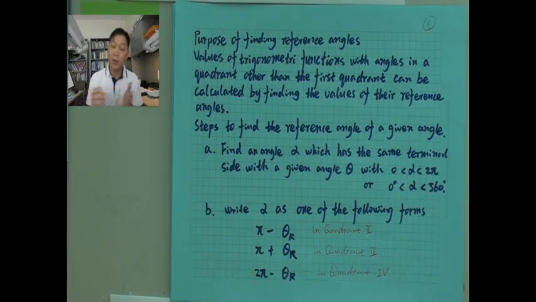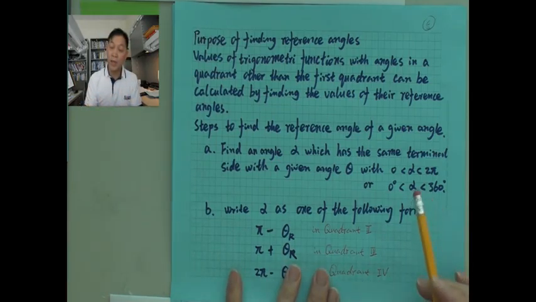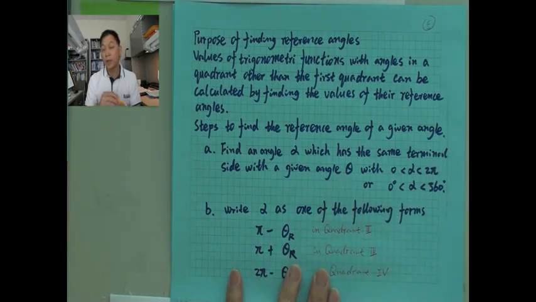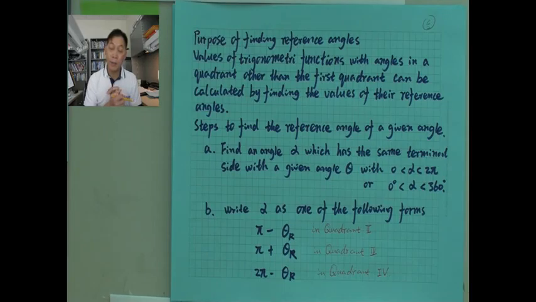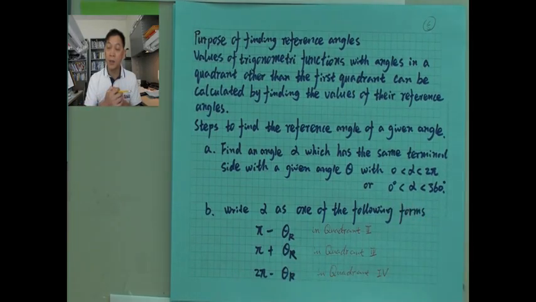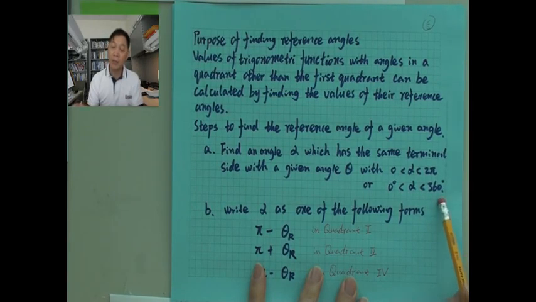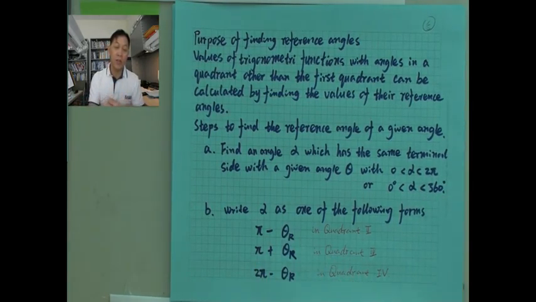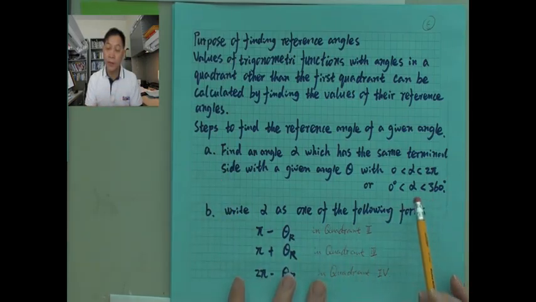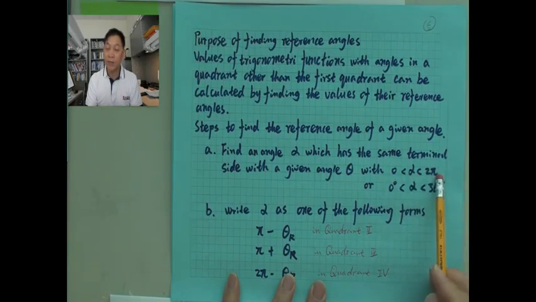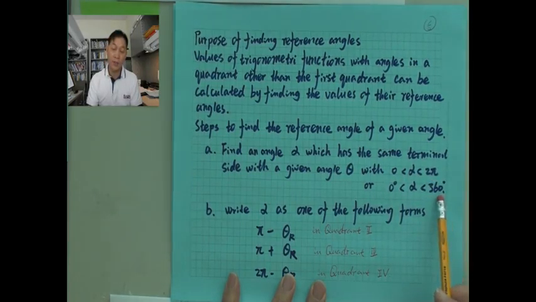If it is between 0 and 90, we know it is in the first quadrant. If it is between 90 and 180, we know it is in the second. If it is between 180 and 270, we know it is in the third. And if it is between 270 and 360, we know that's in the fourth. Okay, that's step 1. We want to locate the corresponding angle alpha, which is positive but less than 2 pi, or less than 360.